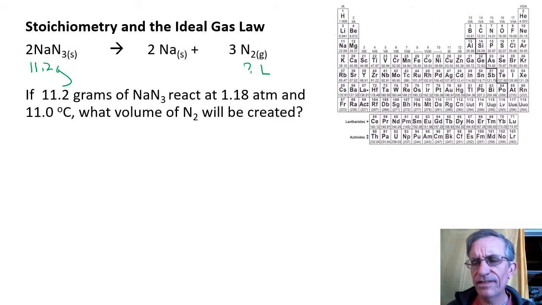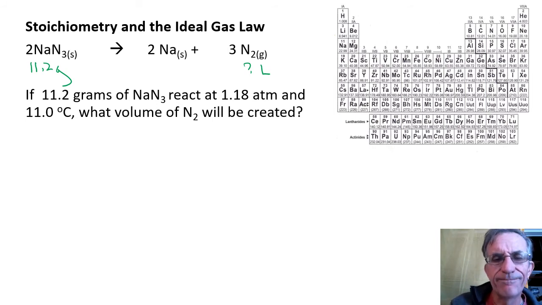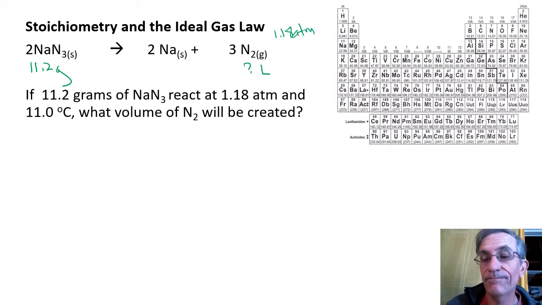They've also given us a pressure and a temperature. If you're wondering where those fit in, pressure and temperature have to do with the gas. So we'll use that when we're ready to use the ideal gas law and start worrying about the amount of nitrogen.